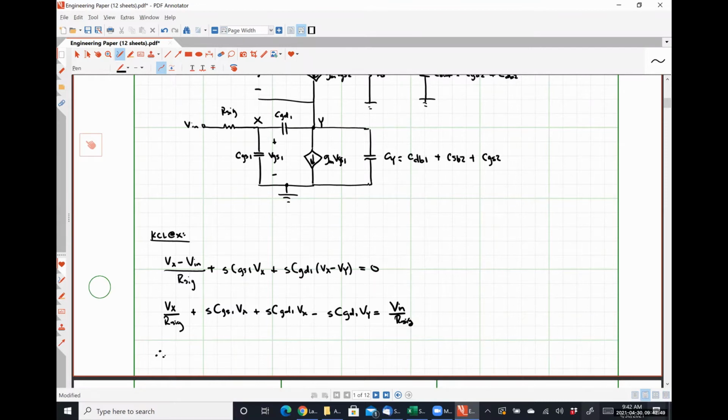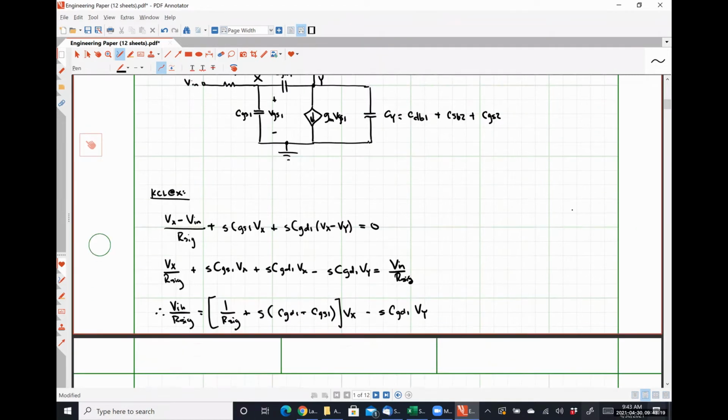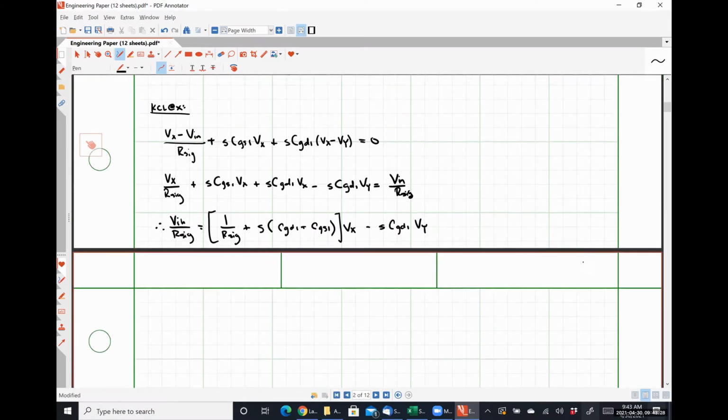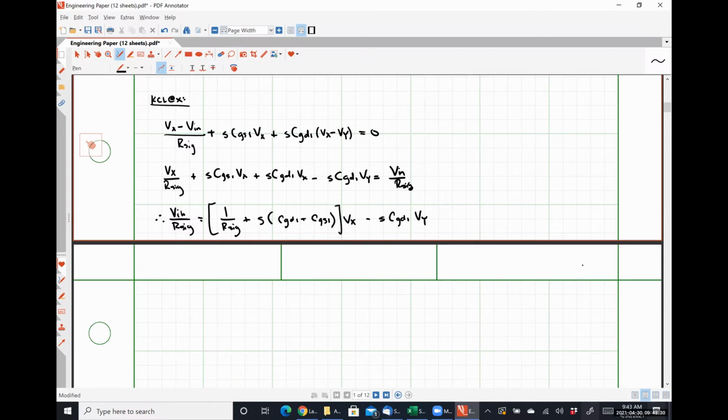And we can thus simplify that as Vn over R sig is equal to 1 over R sig plus s times CGD1 plus CGS1, all times Vx, minus s CGD1 Vy. So we have our input in terms of our nodal voltage at X and our nodal voltage at Y. Now let's go ahead and do KCL at node Y.